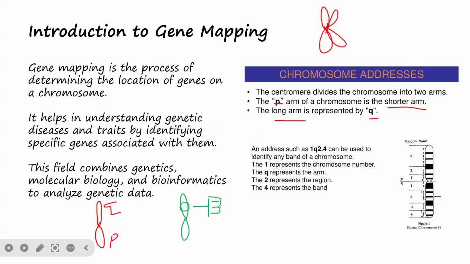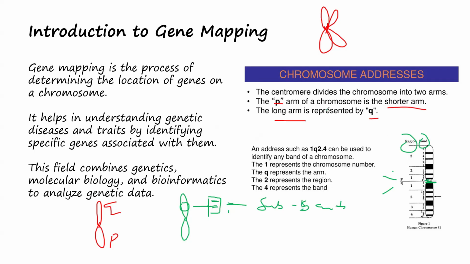It can be 2, 3, or 4 bands; here we have 1, 2, 3 bands. The bands can further be divided into sub-bands. So this is the chromosome. We have the P arm here, the Q arm, and this is the centromere where the chromatids are joined. And we have the regions, which also contain different bands.